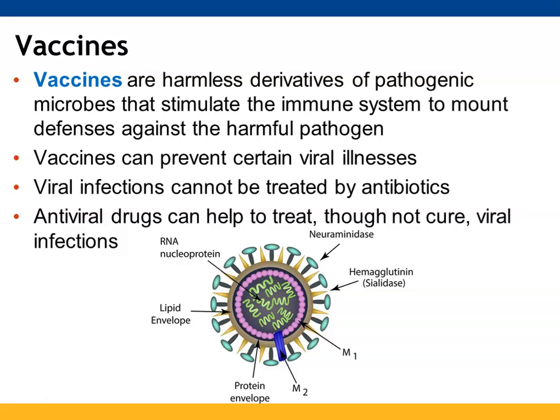Okay. And so here in this particular example, you've got your nucleic protein, you've got your lipid envelope, and you see how you've got the neuraminidase and hemagglutinin. Those are the glycoproteins that are going to be used to help attach this virus to a cell's receptor.